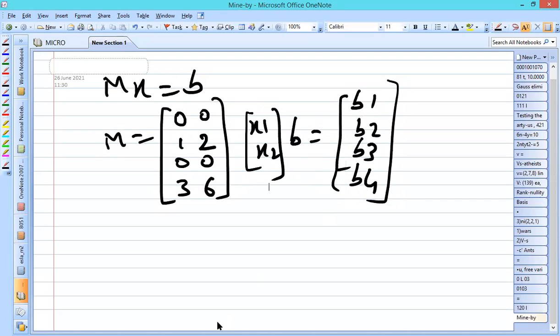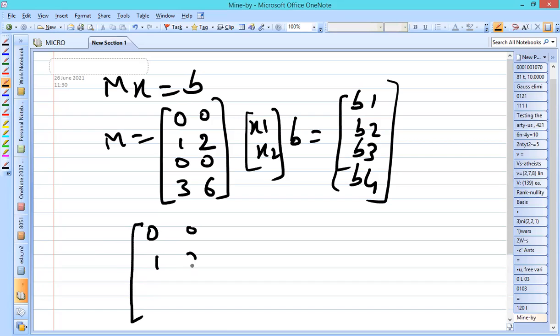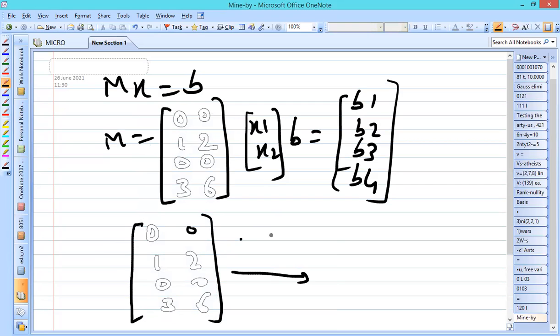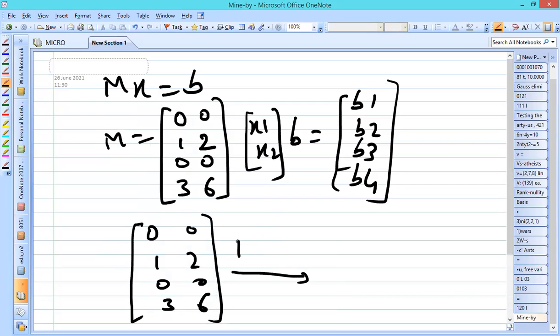So can you solve this? First write the matrix M, 0, 0, 1, 2, 0, 0, 3, 6. So which operation are you going to apply to reduce it to the echelon form? R4 minus 3R2.